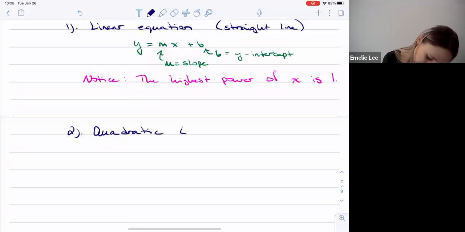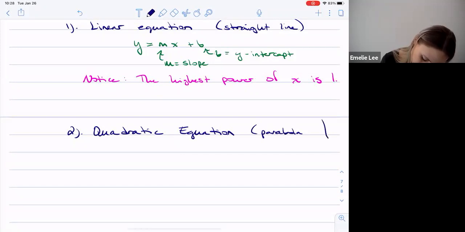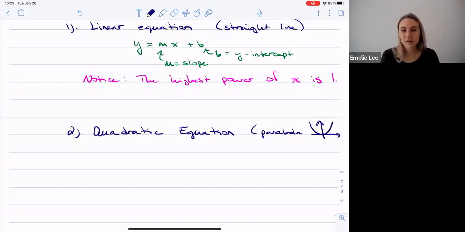So the quadratic equation is a parabola that looks kind of like this. We talk more about the graphs of these things later. So that's a parabola.